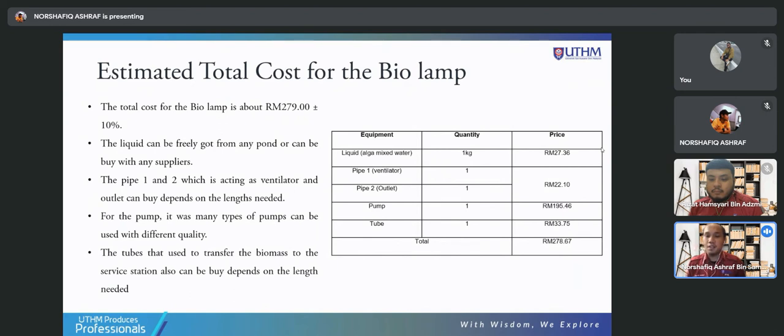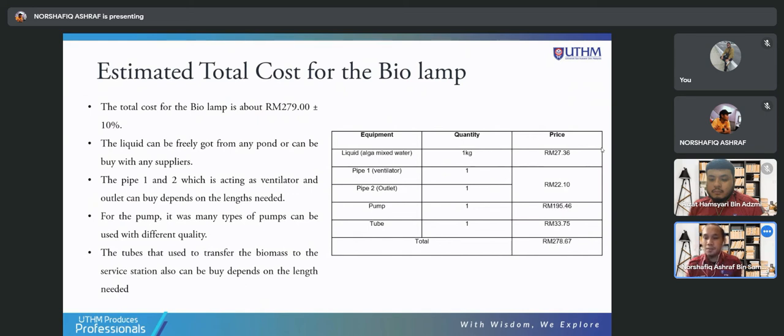The liquid alga mixed with water, which is 1 kg, is priced at 27 ringgit and 36 cents. The pipe 1, which is the ventilator, and the pipe 2, the outlet, amount to around 22 ringgit and 10 cents.